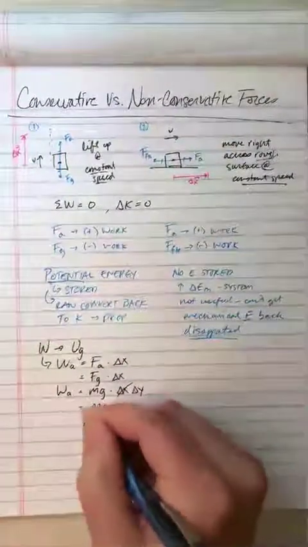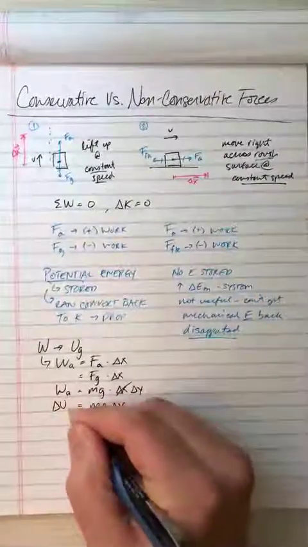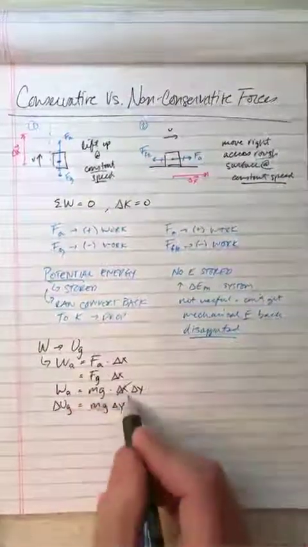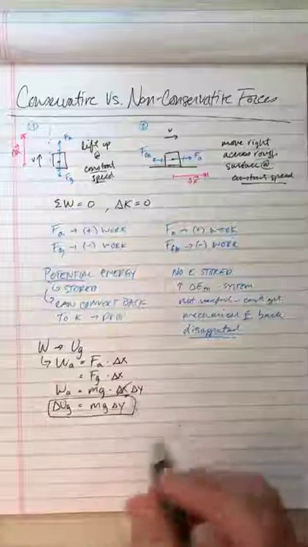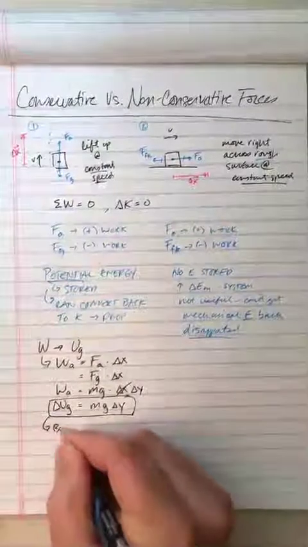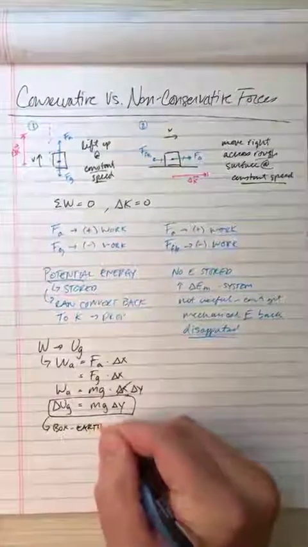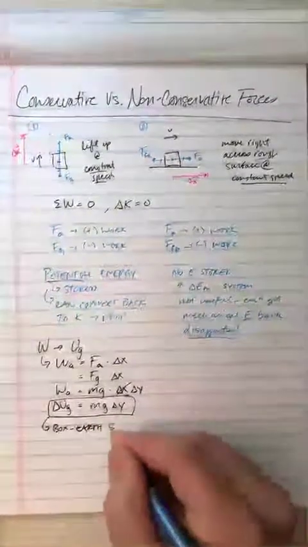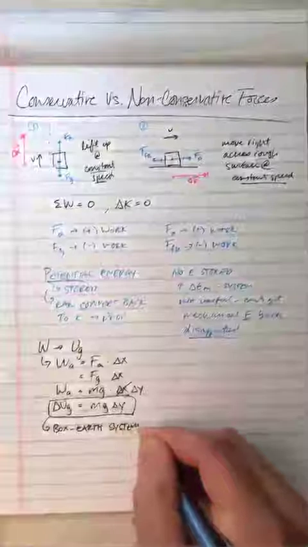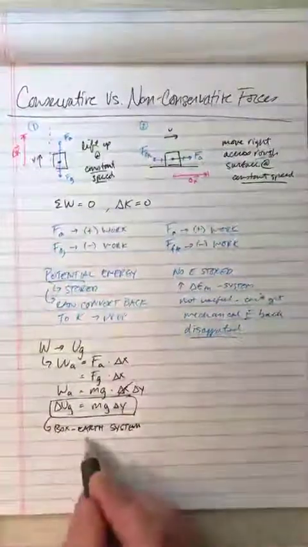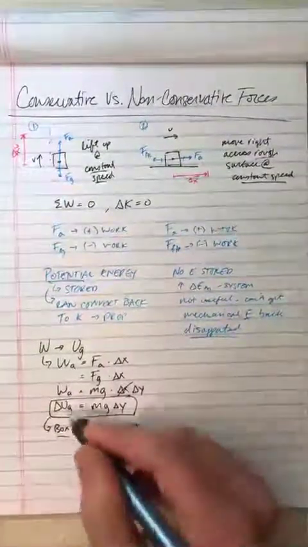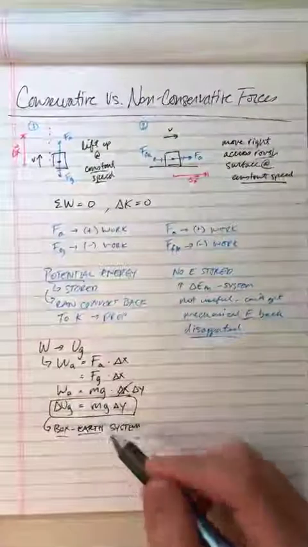So we call that the increase in potential energy of the box. And really, this is the box-Earth system, because potential energy is a system property. It wouldn't exist without the Earth as well. So this is an increase in the potential energy of the box-Earth system.